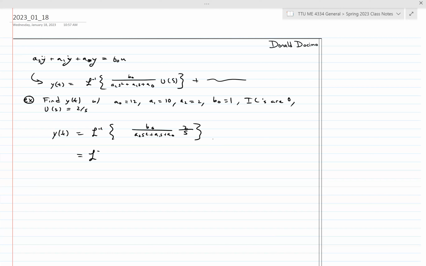Probably something else we could do that may help you guys out a lot is plug in our actual numbers, right? So B0 is 1, A2 is 2 s squared, A1 is 10 times s plus 12. And then this is all going to be multiplied by an s. And then that B0 is multiplied by the 2 up there, right? So how can we do partial fraction expansion with what we got here?